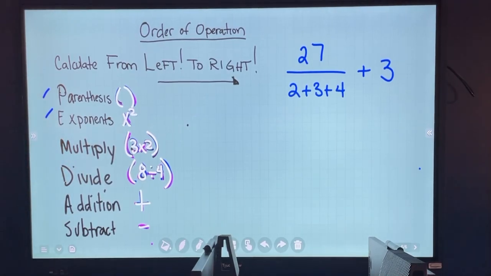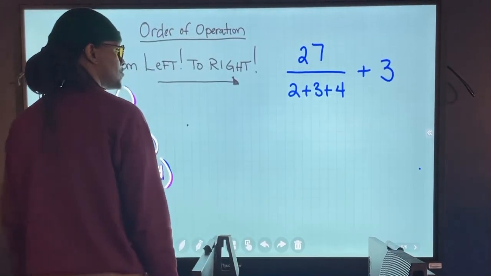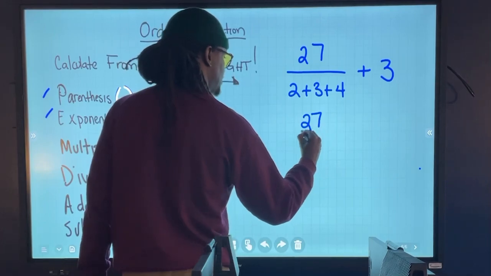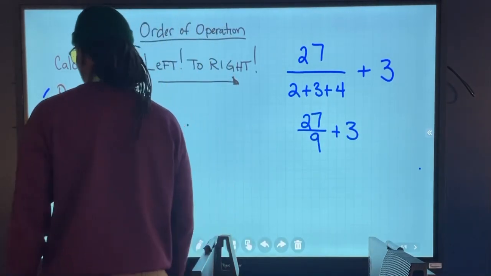What are we doing first? You're going to add the 2 and 3 and 4. Alright, you want to clean that up first? So, what are we going to clean up first? The denominator. And it becomes what? 9. So now it becomes 27 divided by 9 plus 3.